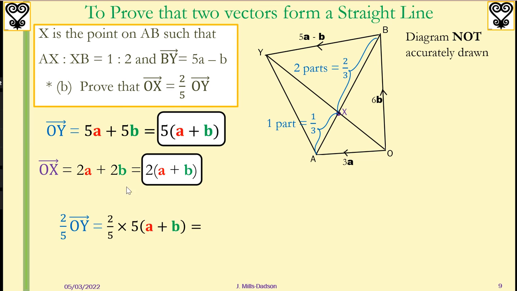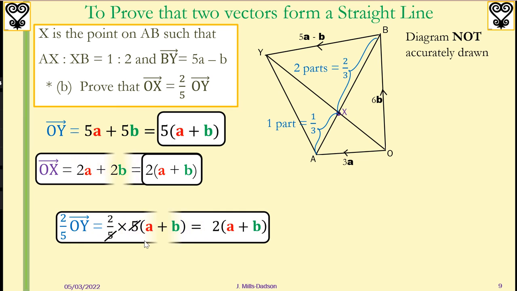But to prove it, we are going to take OY and multiply it by 2/5. So that's OY. If you multiply by 2/5, the 5 cancels out, and you have 2 into bracket A plus B. But 2 into bracket A plus B is actually what? Vector OX. So that confirms that definitely, yes, vector OX is equal to 2/5 of OY.